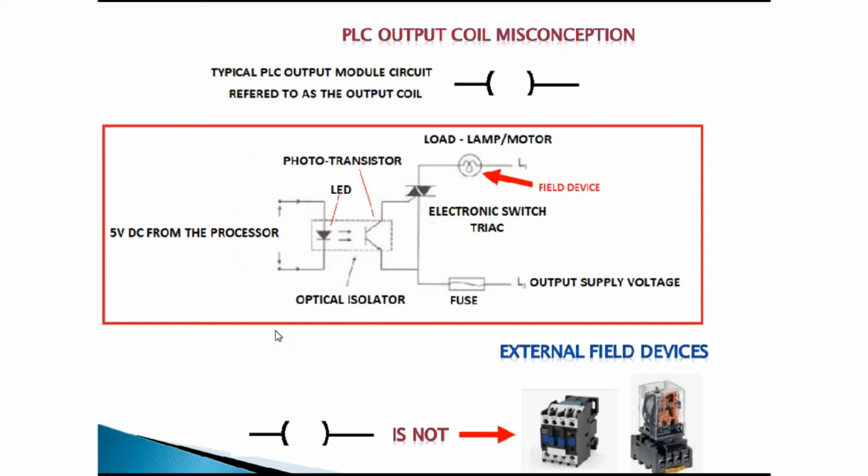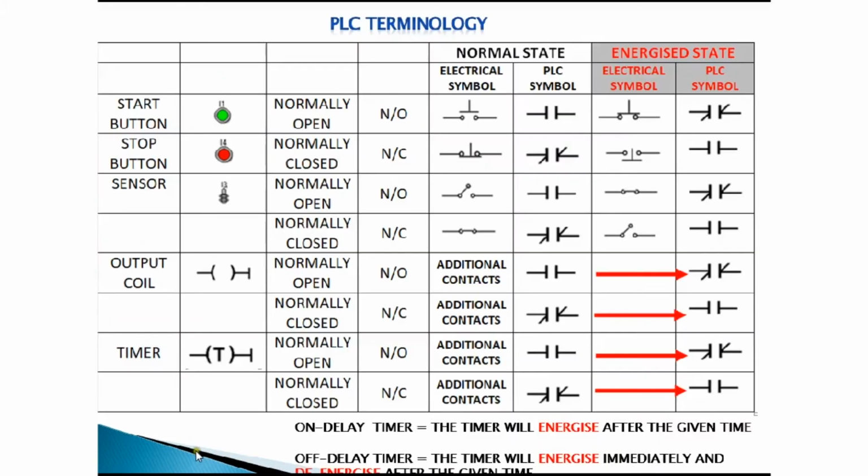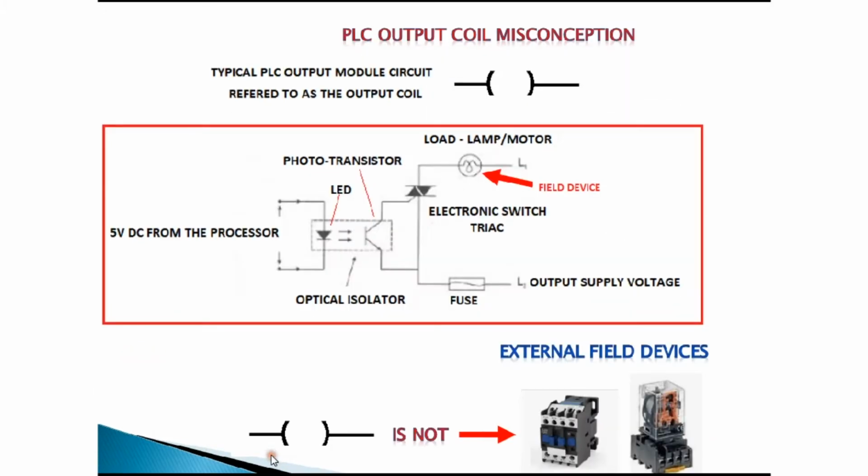So please remember that your output coil is not a contactor, it is not a relay, it is not a field device. It actually represents the diagram that I've drawn in the center here. It is actually an electronic switch, and just to explain that, you'd find from your processor itself, all right, you get 5 volts DC.